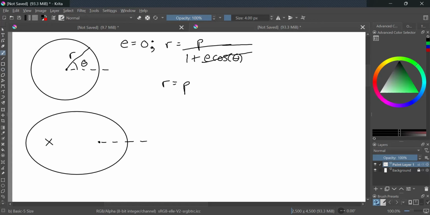And as a reference from the orbiting body, if we put in theta and r, we can show that our eccentricity is between 0 and 1, which means that for our orbit equation, we do p over 1 plus e cosine of theta.